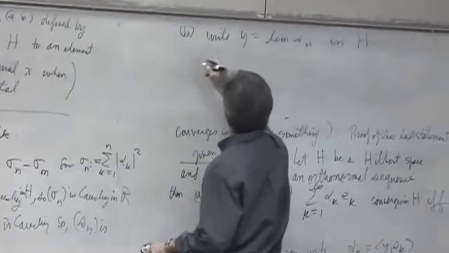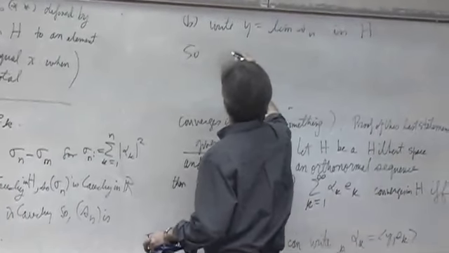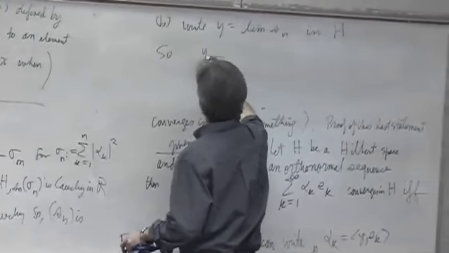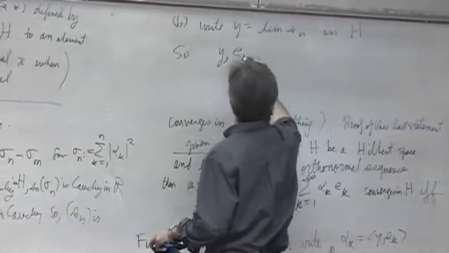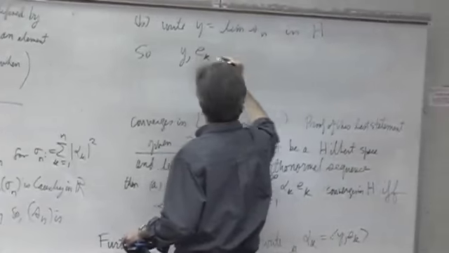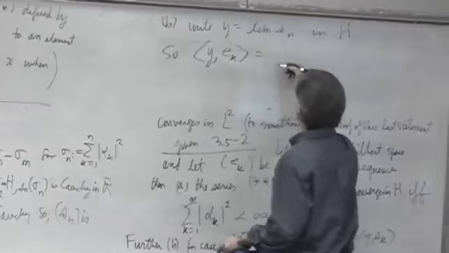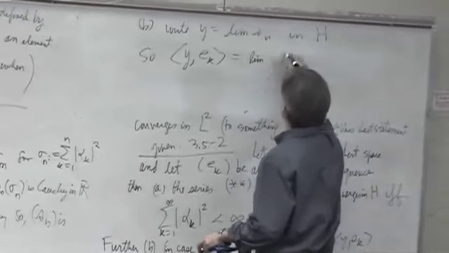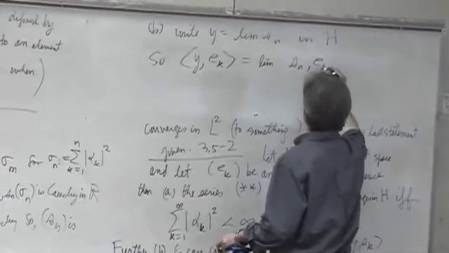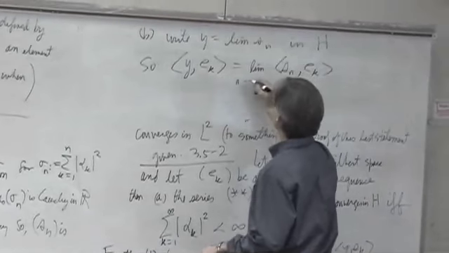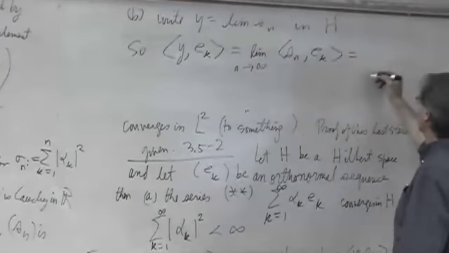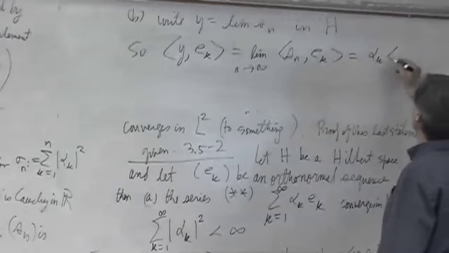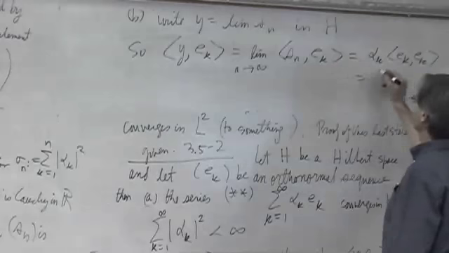So y ek equals limit Sn ek, n goes to infinity, equals alpha k ek by orthonormality equals alpha k.